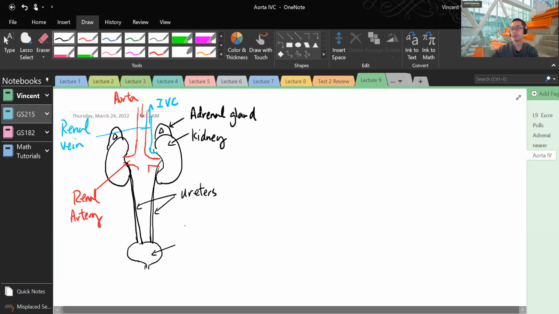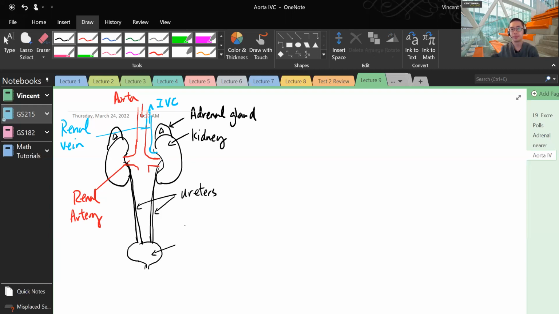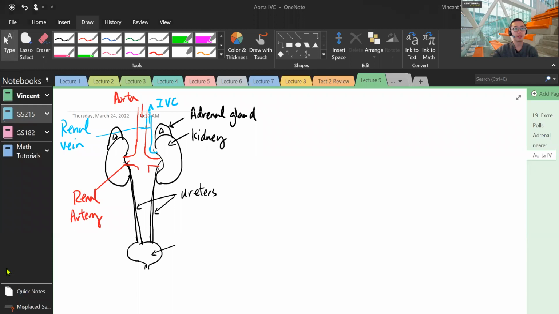Help me out here. Anybody can tell me what that is? Urinary bladder, maybe? That is the urinary bladder. Very good.